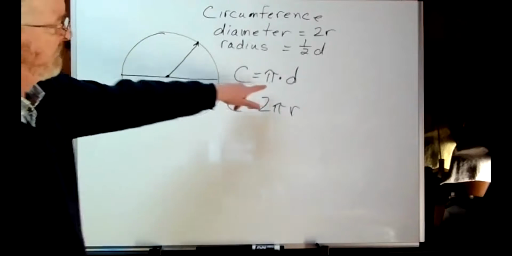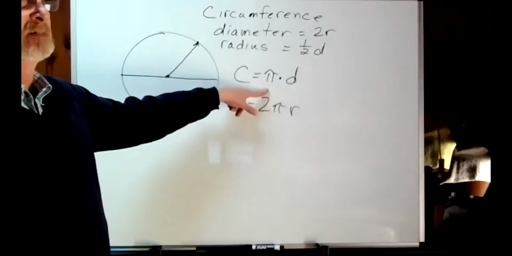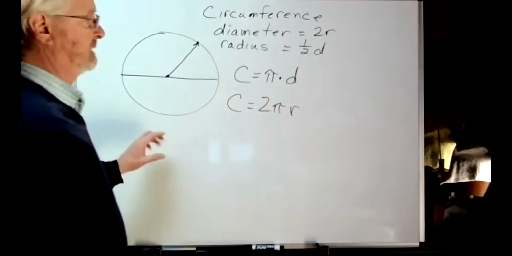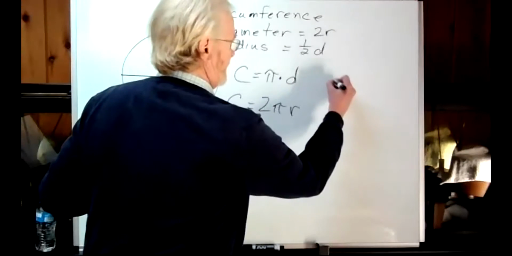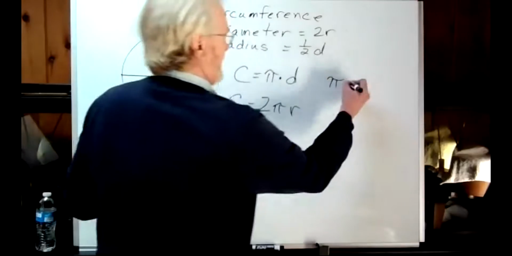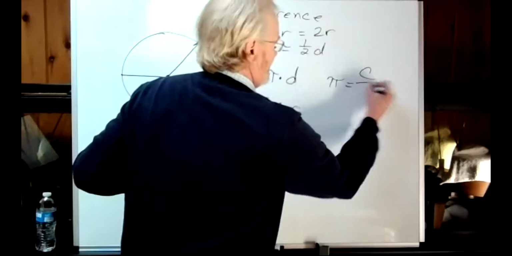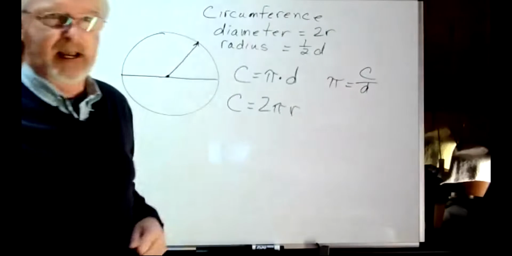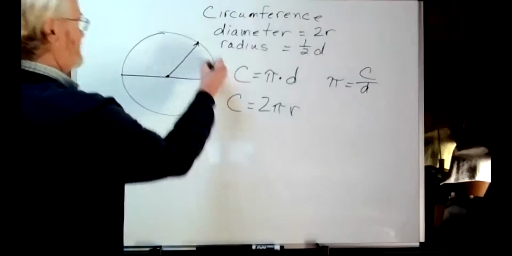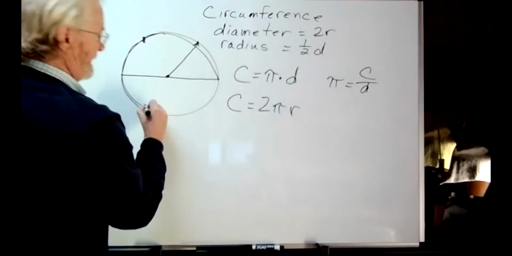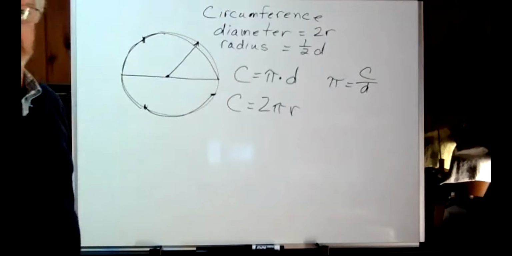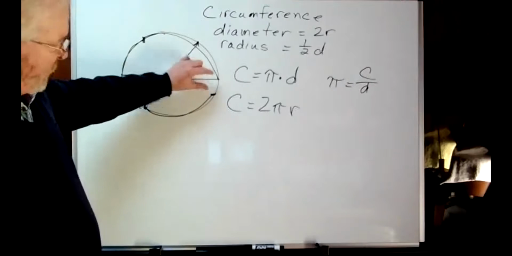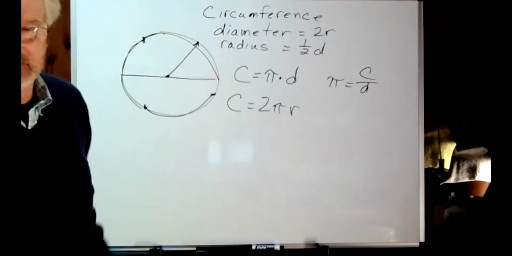Oh, I just wanted to back up. I mentioned this briefly a day or two ago. Pi is actually defined, where did that number come from? As the ratio, if I take the circumference and divide it by the diameter, how many diameters does it take to get all the way around a circle? A little more than 3 times. It's not exact.